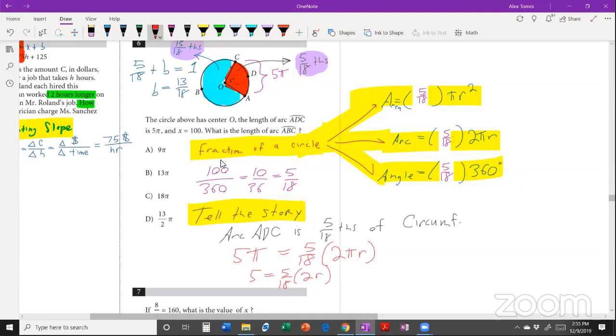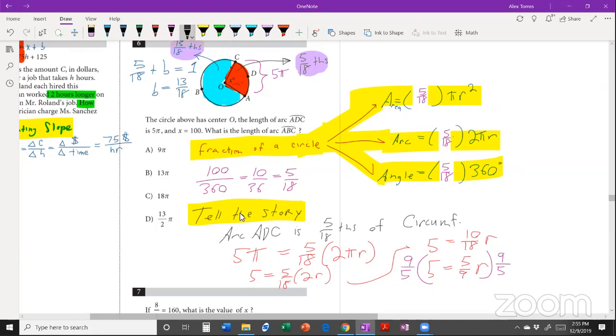Maybe simplify the right-hand side, and that'll tell us that 5 is 10/18 of r. Divide by 2. 5 is 5/9 of r. And now to get r by itself, multiply by 9/5.